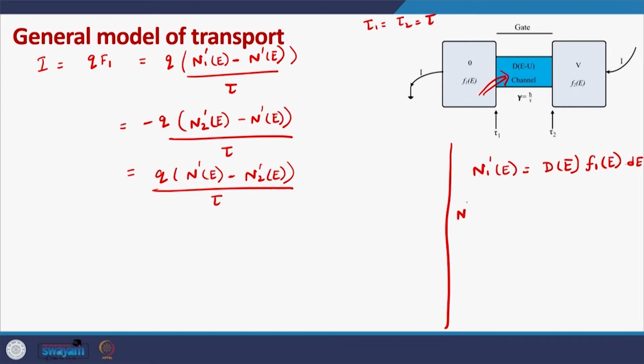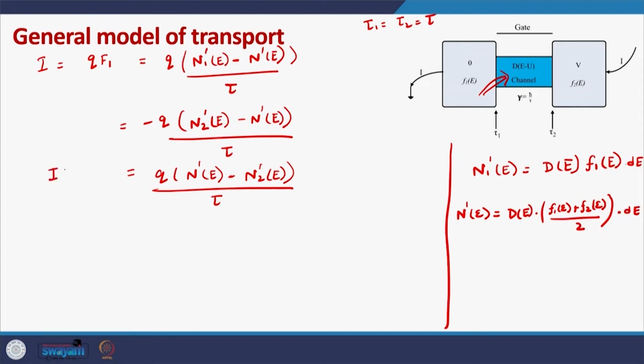Similarly, n'(E), the steady state electronic population in the channel, will be dE times (F1(E) + F2(E))/2. Okay.